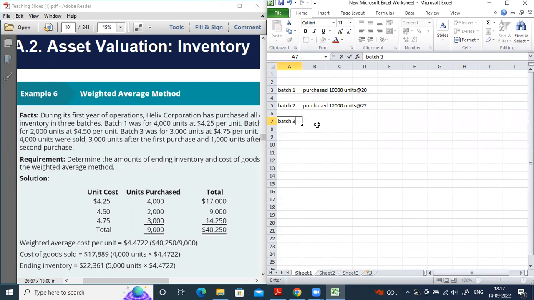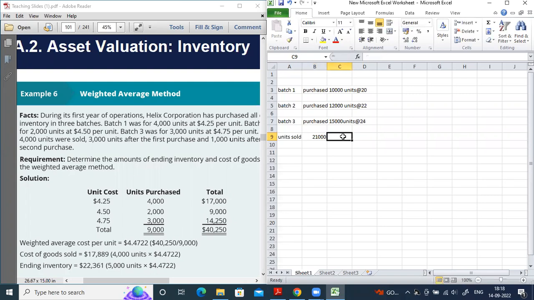Batch 3, purchased 15,000 units at the rate of 24. Units sold: the number of units sold is 21,000.